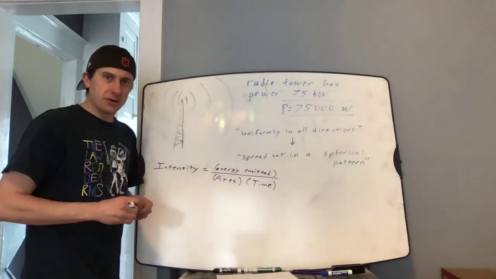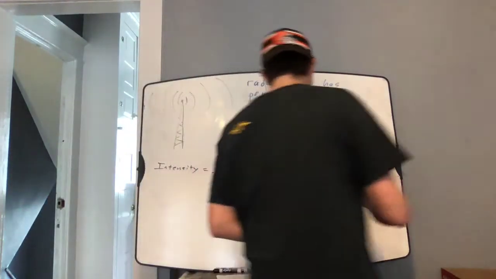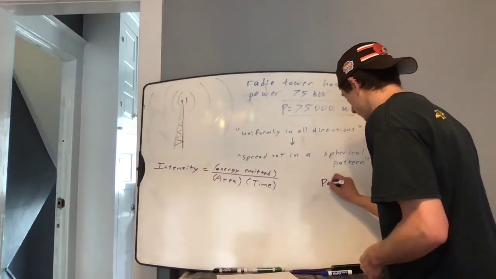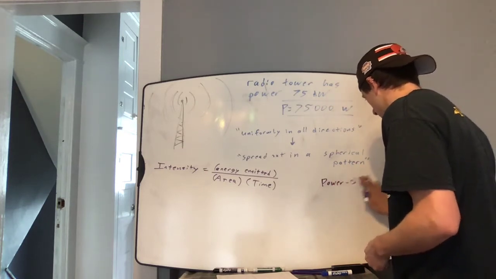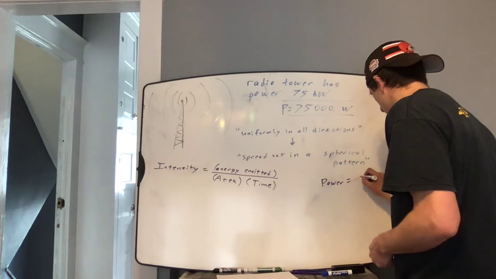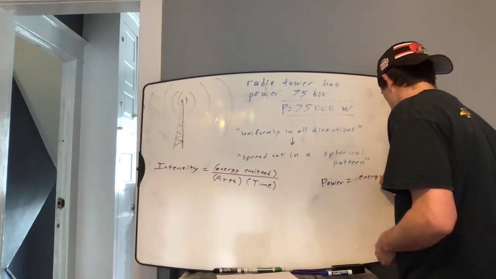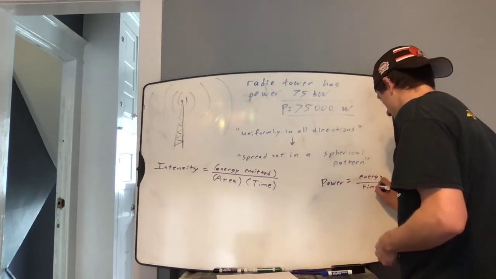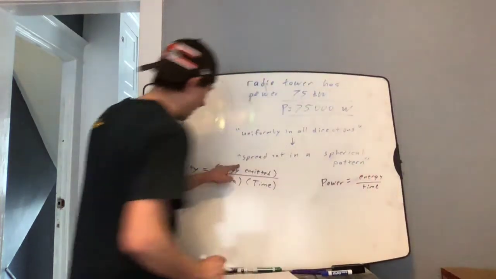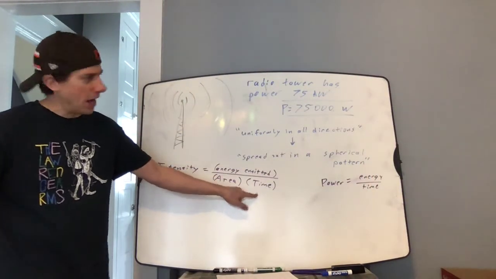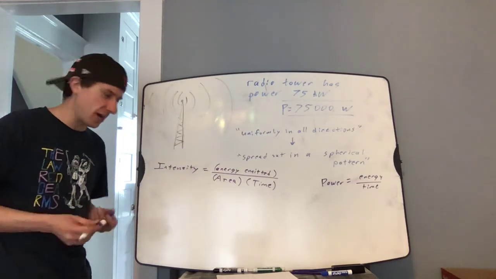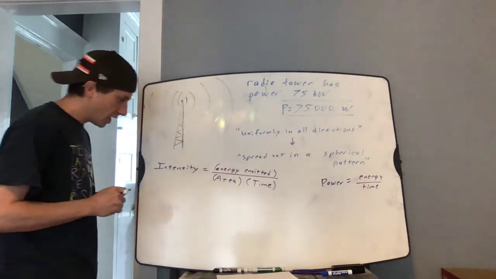Now, power is energy over time. So here's an energy, here's a time. So energy over time is going to be the power, the 75,000 watts of this radio transmitter.